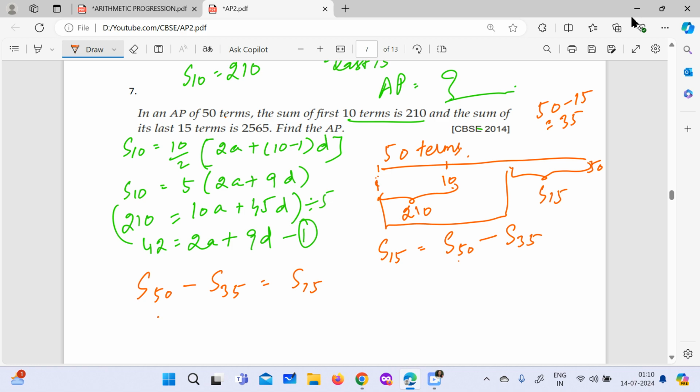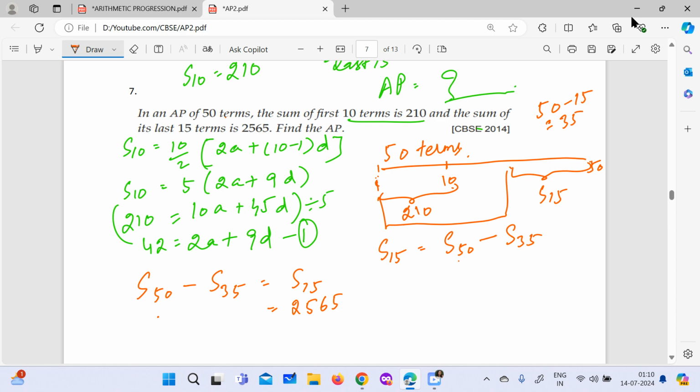Now we can write all the values here. Sum of 15 terms will be 2565. And now, how do I write the sum of first 50 terms? This we need to work out.